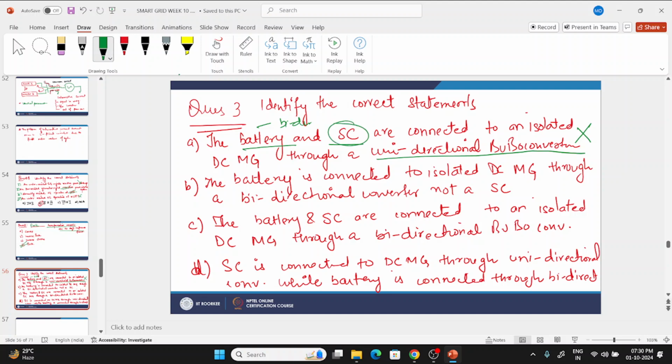Same goes for the capacitor. For charging the capacitor, the power must come in, and for discharging, the power must go out. So both are connected through a bidirectional converter. So the correct answer will be C: the battery and the supercapacitor are connected to an isolated DC microgrid through a bidirectional buck boost converter.